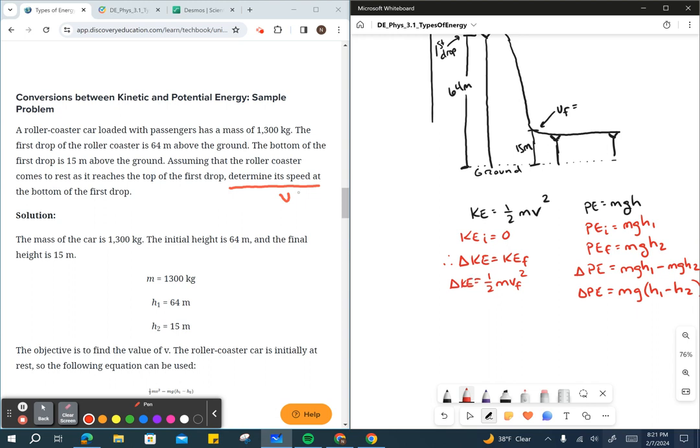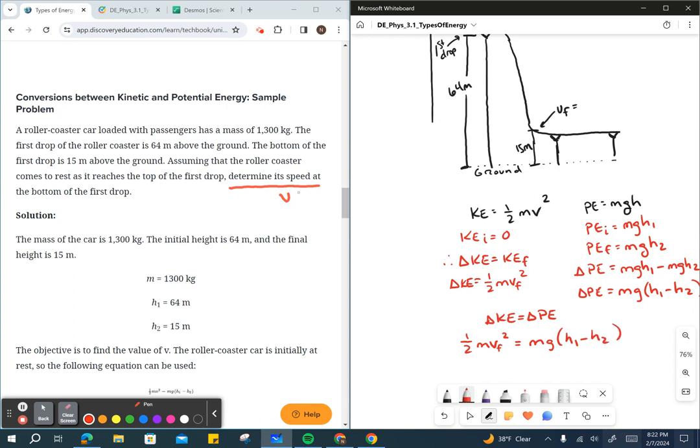Okay, remember that delta KE, or change in kinetic energy, is equal to a change in potential energy. So we could say that you have 1/2 times the mass times the velocity at the bottom squared is equal to the mass times the gravity times h1 minus h2.